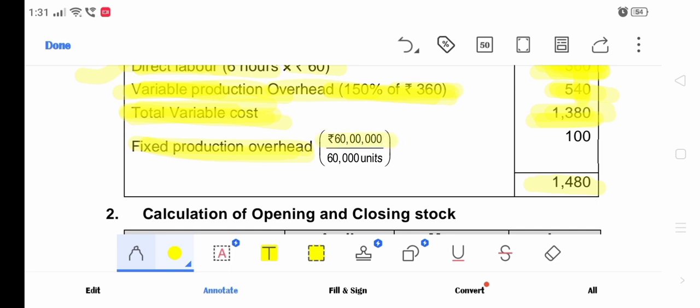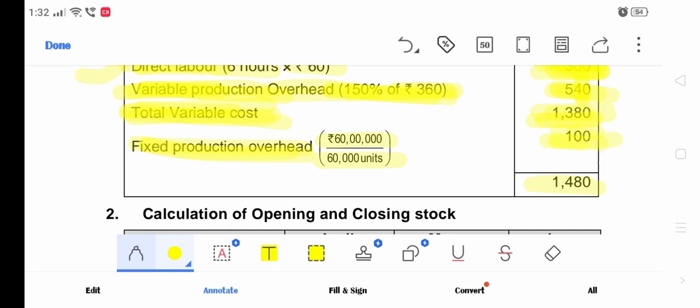For 60 lakh budgeted production overheads, 60,000 units are there, right? So what is per unit? 100 rupees, right? So in order to calculate cost per unit while doing fixed cost, we need to take the budgeted or standard one. So here fixed cost comes to 100. They have given 5 lakh, no?